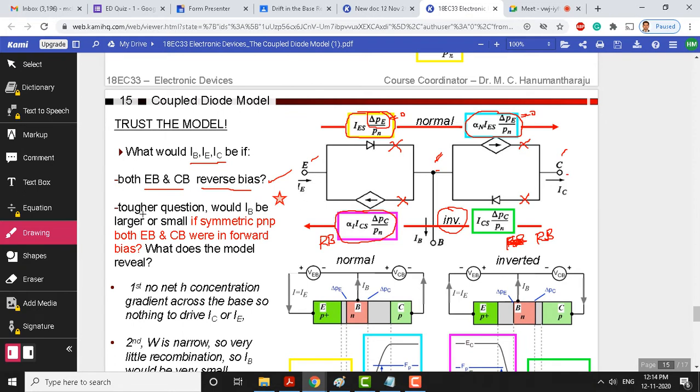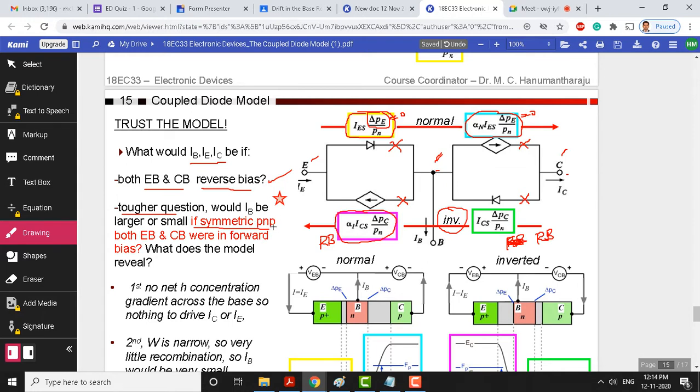The next question is a little bit tougher question. Would you get a base current here, whether the base current is large or small for this condition? First of all, what is the condition here? There is a symmetrical PNP transistor. That means doping in the emitter region is same as doping in the collector.